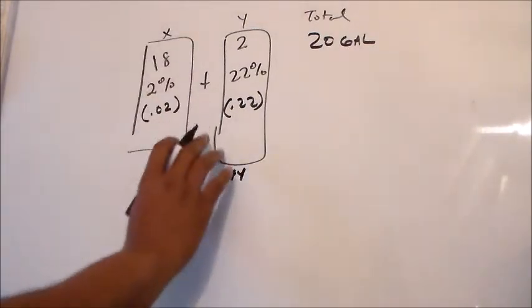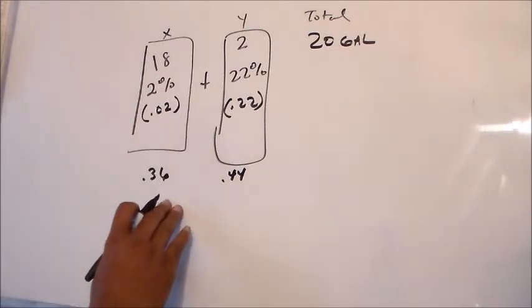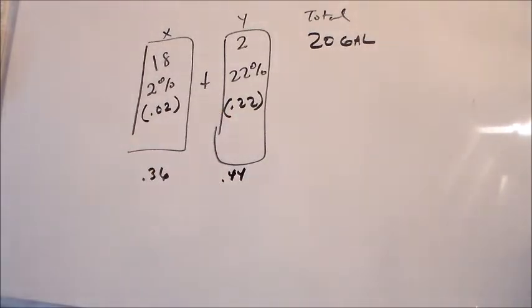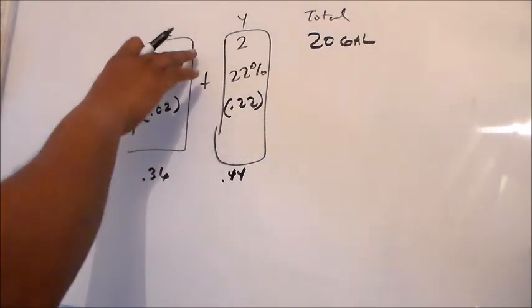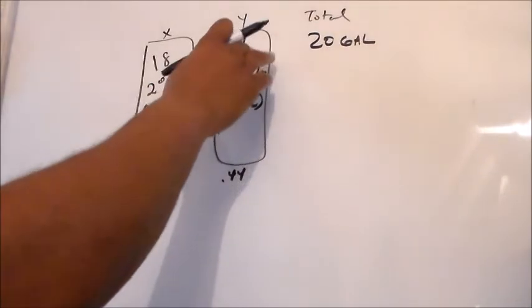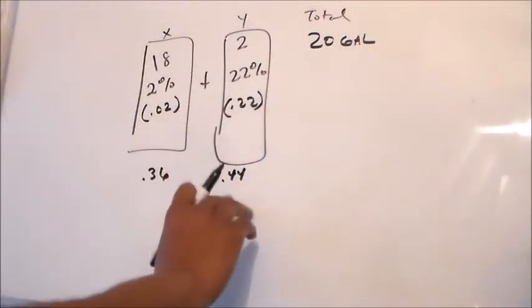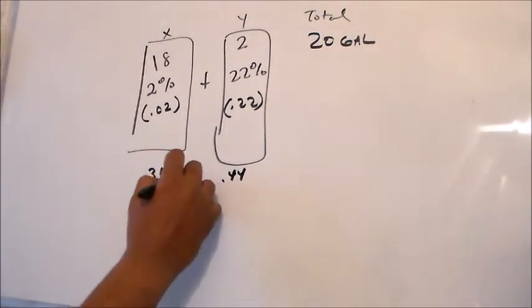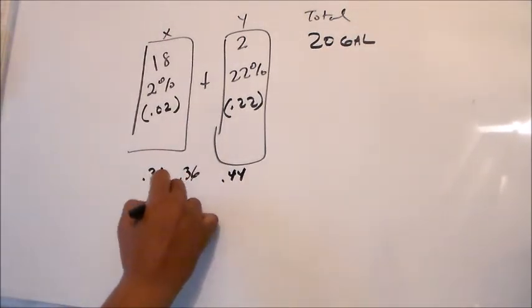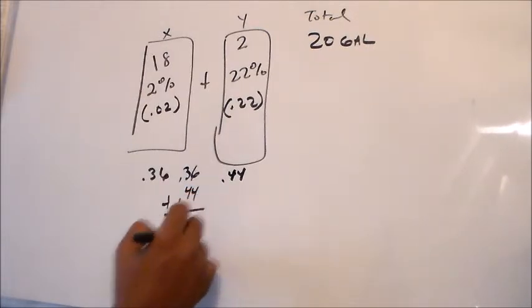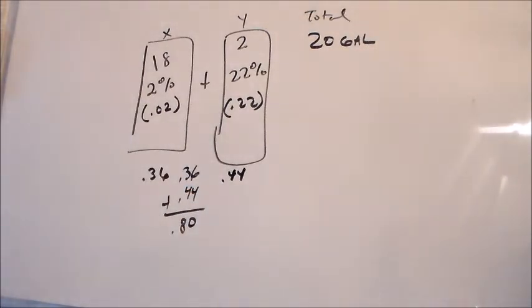So these are the amounts of the buttermilk fat. If we take 18 gallons here and 2 gallons here, this is actually the higher percentage, and that's why we get a bigger number. But if we add 0.36 plus 0.44, we get 0.8.